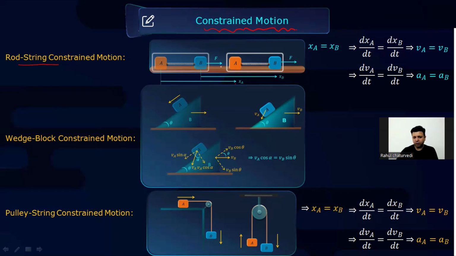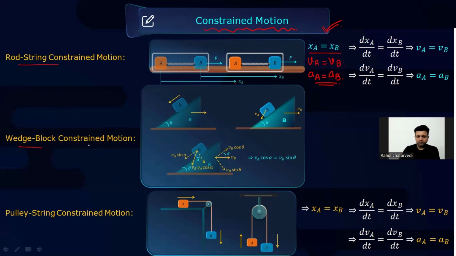Since block A and B are connected by a rigid rod, or you can say by an inextensible string, the displacement of A will be equal to the displacement of B. If you differentiate XA and XB with respect to time, you will get that velocity of A is equal to velocity of B. And if you differentiate further, you will get that acceleration of block A is equal to acceleration of block B. So this is the method of solving constrained motion.